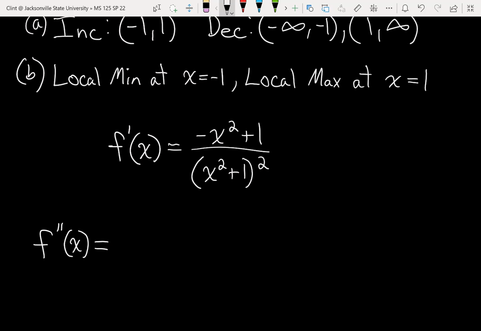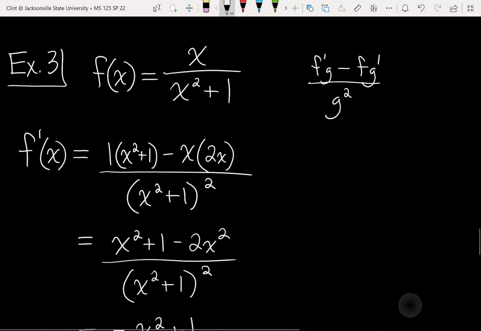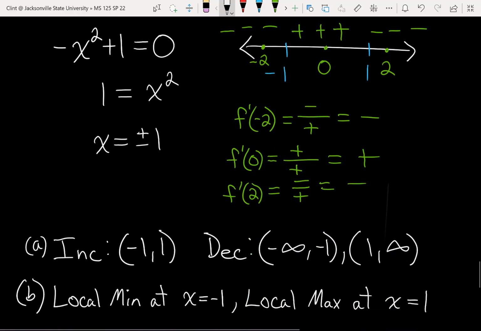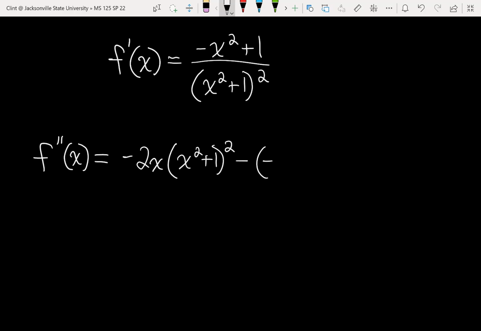Okay. What are we starting with? Here's our f prime g minus f g prime. So derivative of the top, maybe 2x, times the bottom, minus the top, times the derivative of the bottom. And the derivative of the bottom, what do we have to do?